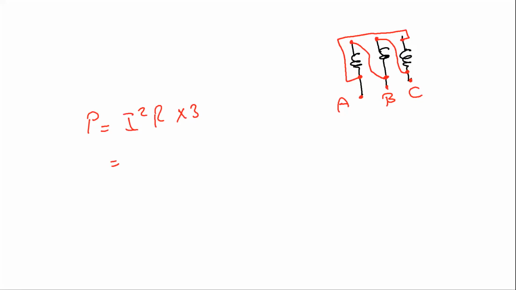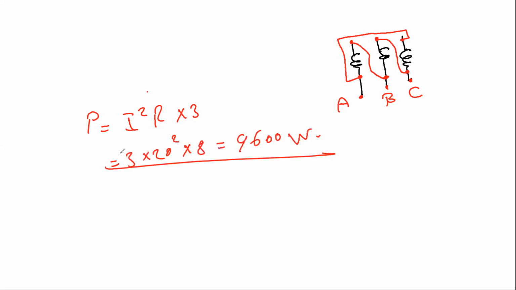So simply we can say 3 multiplied by 20 squared multiplied by 8. It will give you the same value of power. Okay, this is another way.